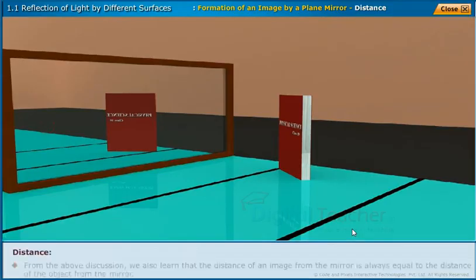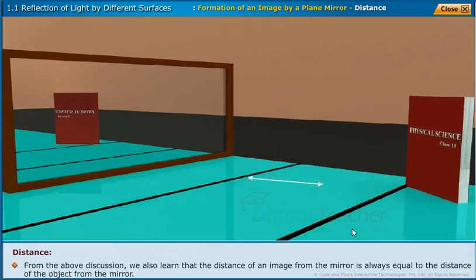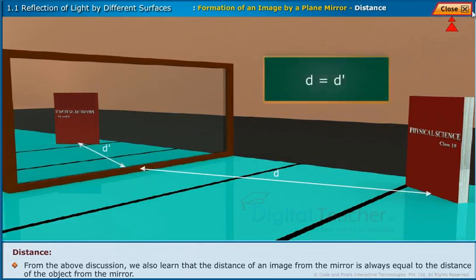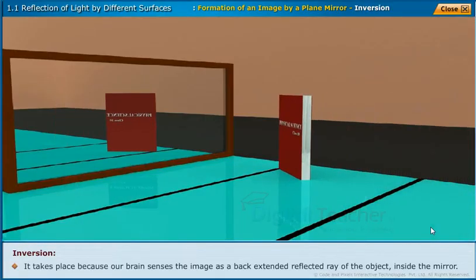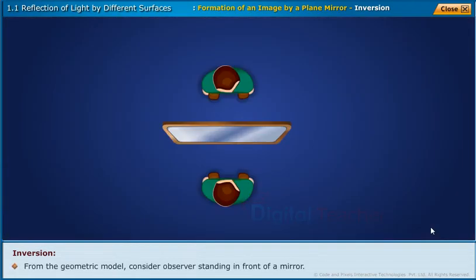Distance. From the above discussion, we also learnt that the distance of an image from the mirror is always equal to the distance of the object from the mirror. It takes place because our brain senses the image as a back extended reflected ray of the object inside the mirror. From the geometric model, consider observer standing in front of a mirror.